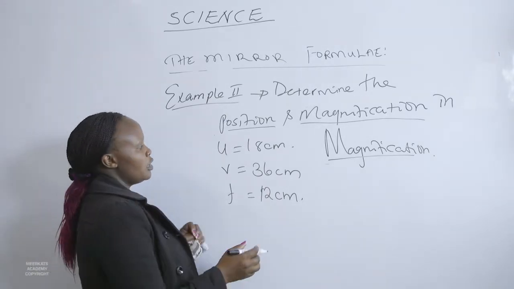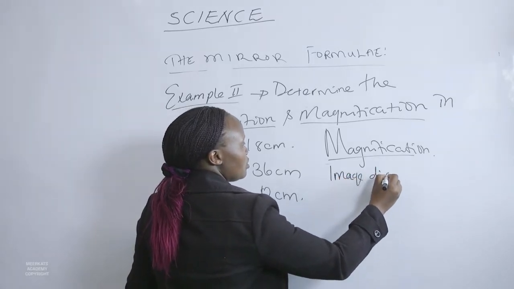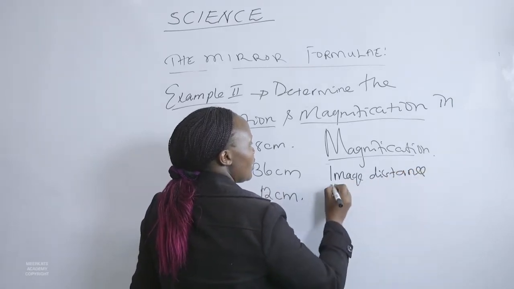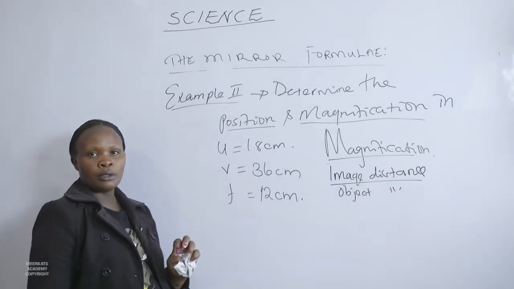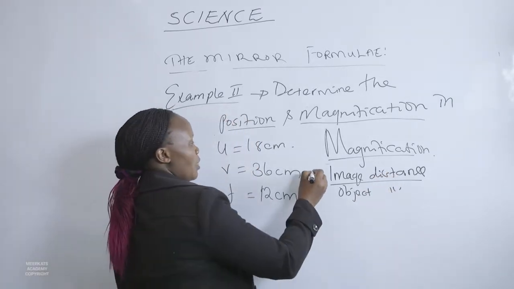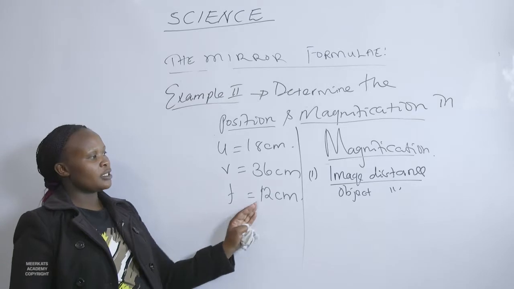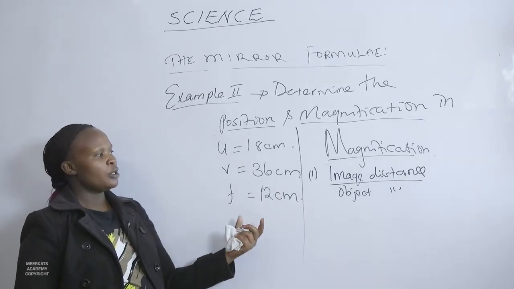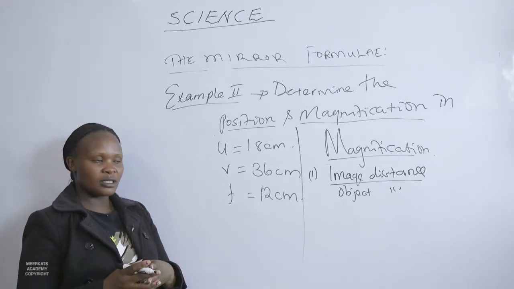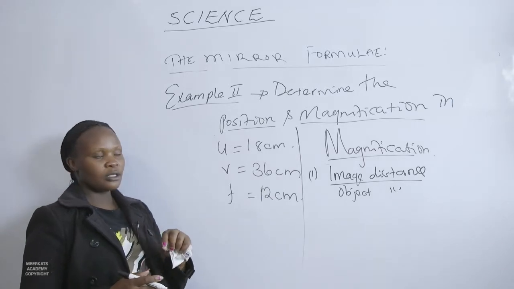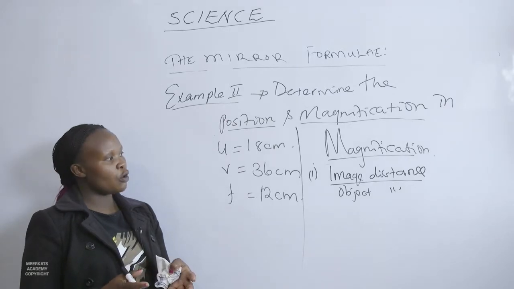Method 1 is where we compare image distance to the object distance. With what we have, we can substitute so that we can find out whether the two will give us the same result.